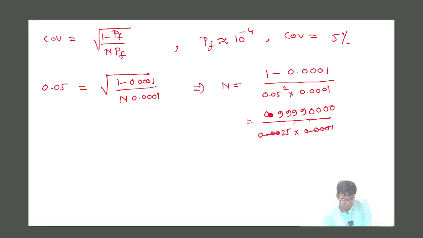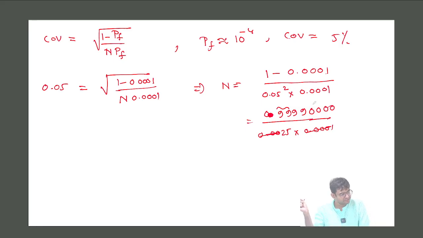Okay. So clearly for this let us take 0.9999 as 1 just for approximation. So this will give you 4, 40, 400, 4000, 40,000, 400,000, 4 million. So approximately 4 million samples is what you will need for estimating it with 5% COV.